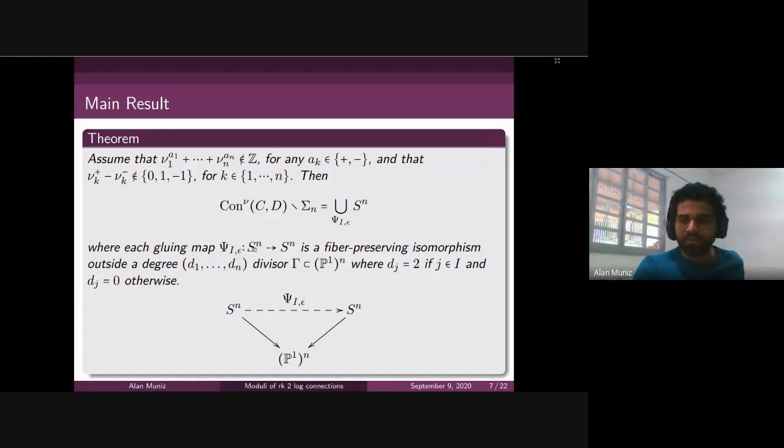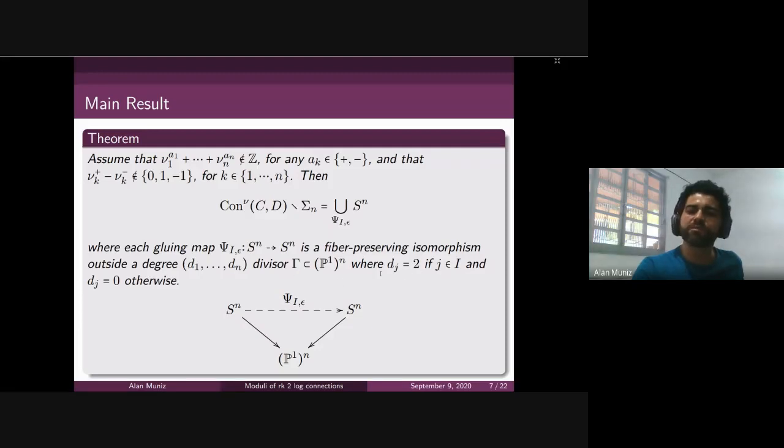This map is birational, but it is an isomorphism outside the preimage of a divisor in (P1)^n.